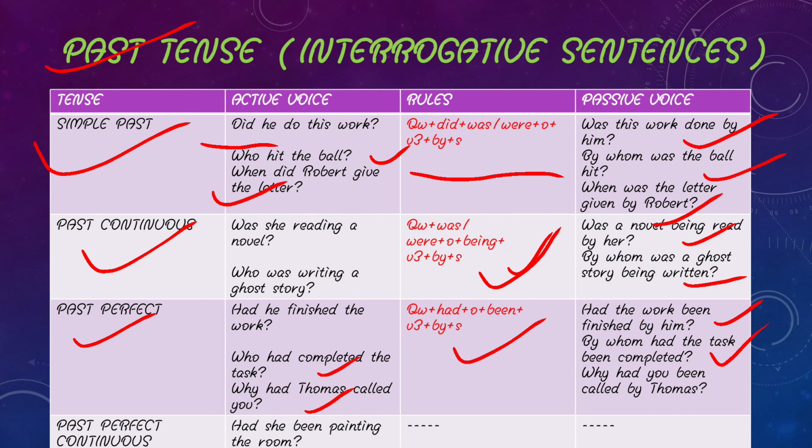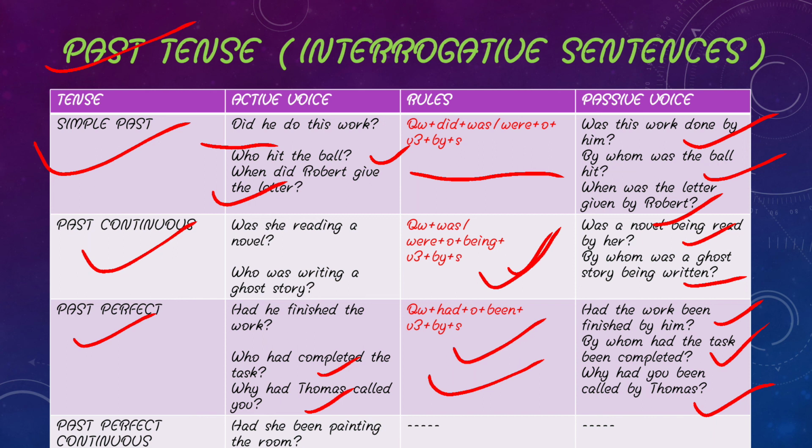This sentence is beginning with a question word, so we need to take the same question word in the passive voice and follow the same rule: question word plus had plus object plus been plus verb 3 plus by plus subject. So the sentence will become: Why had you been called by Thomas?